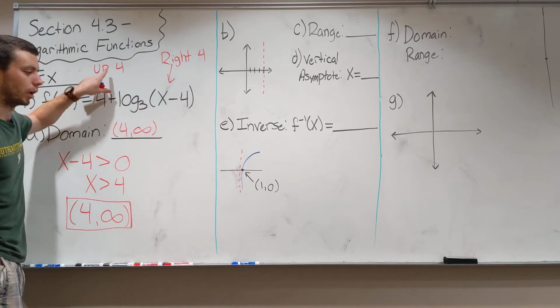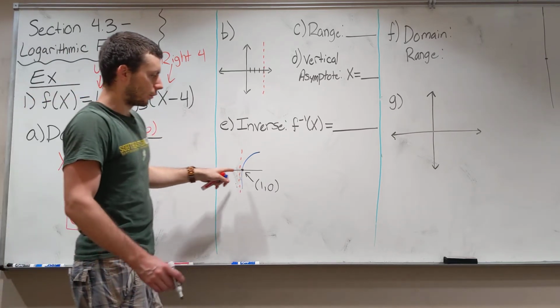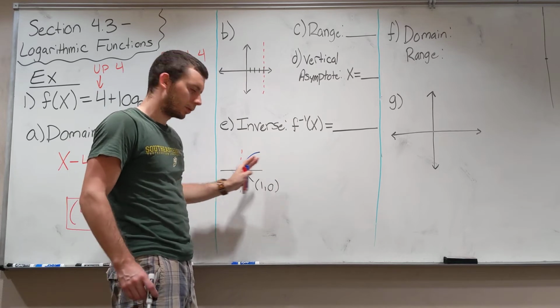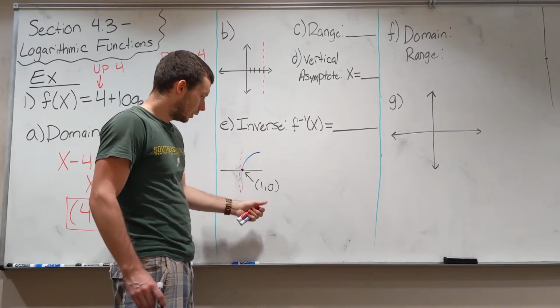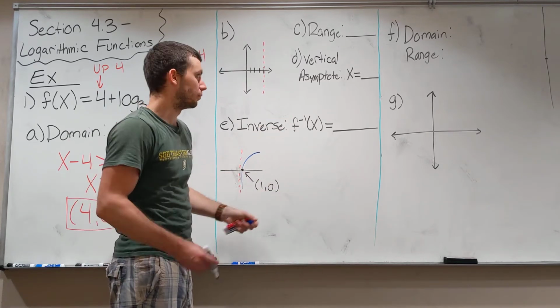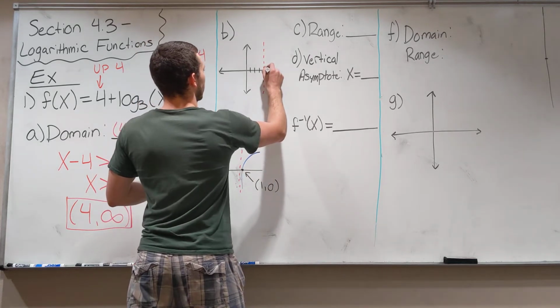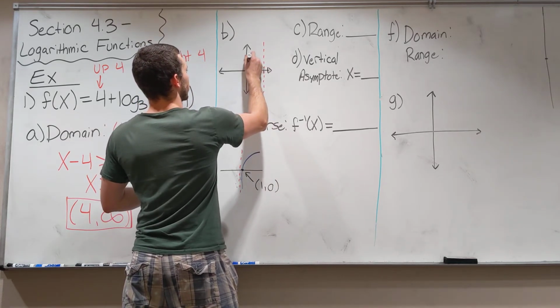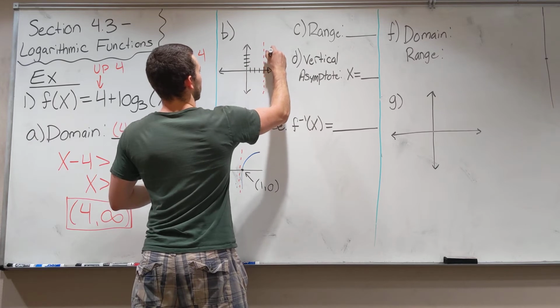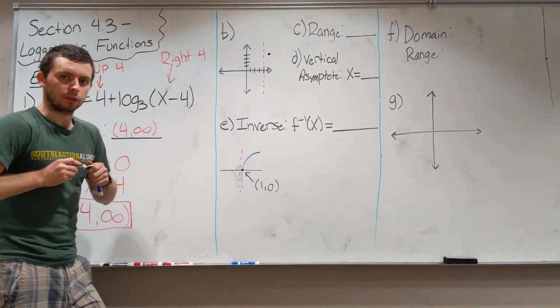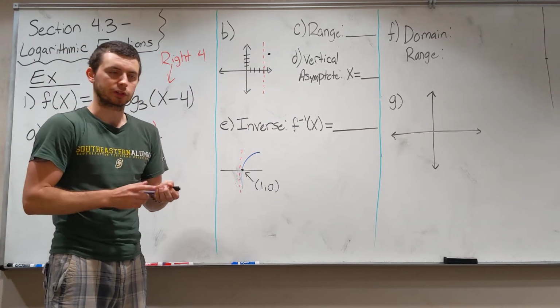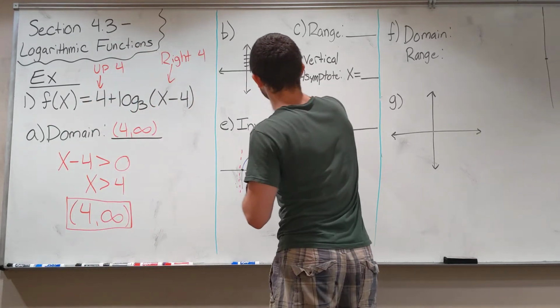But we also go up 4. So instead of going to the right just 4, we go to the right 4, up 4. This would now become 5, 4. So 5, comma, 1, 2, 3, 4. And that tells us a definitive point for which the logarithmic function will go through.